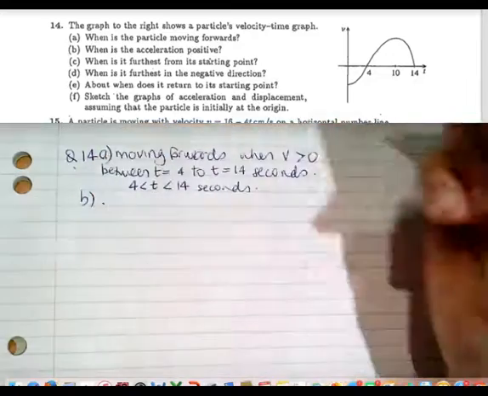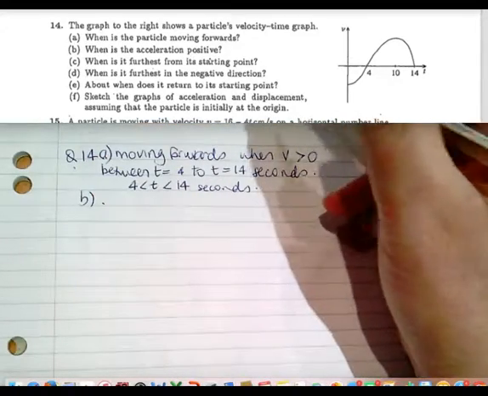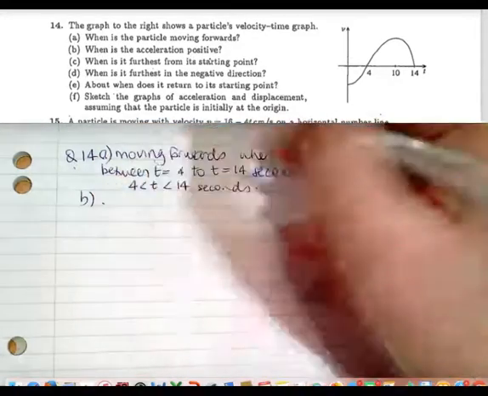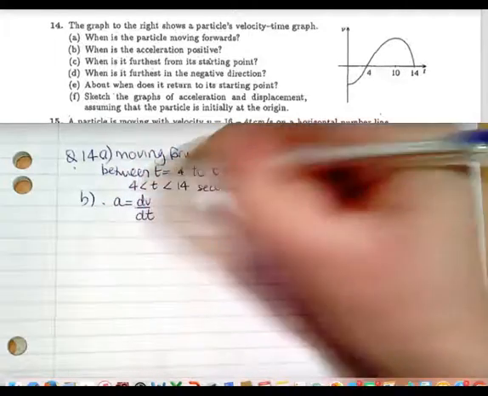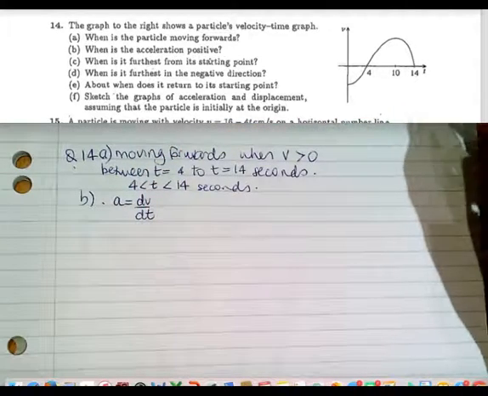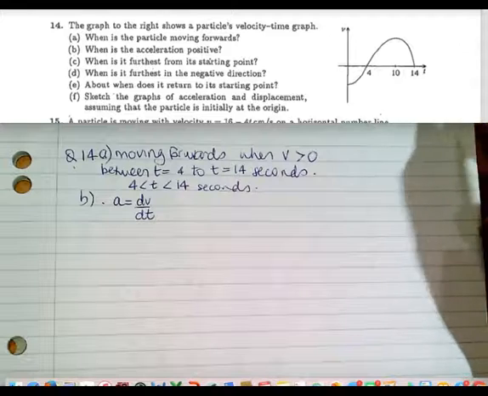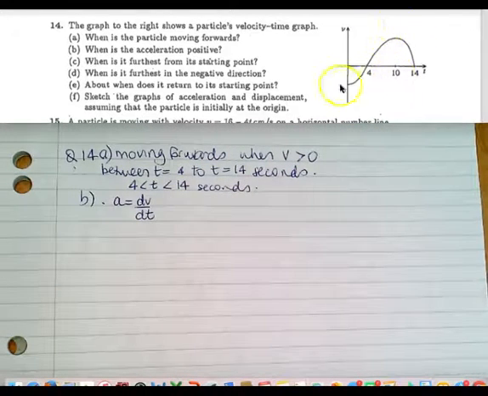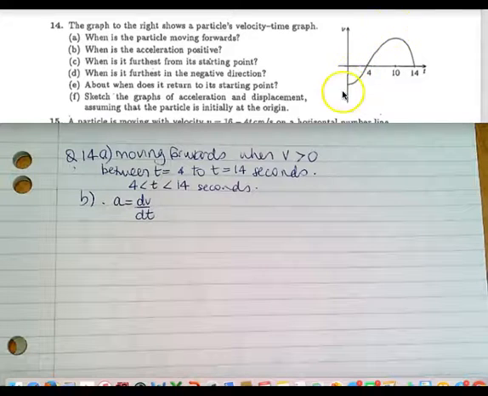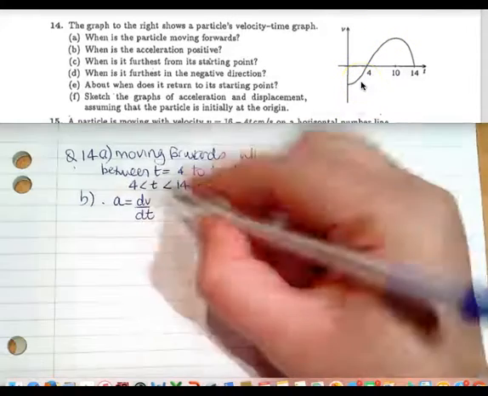Part B is, when is the acceleration positive? Now remember, acceleration is dv/dt, so it's the derivative of the velocity graph. Therefore it will be when the gradient of the velocity is positive, and here we've got a positive gradient of the velocity.